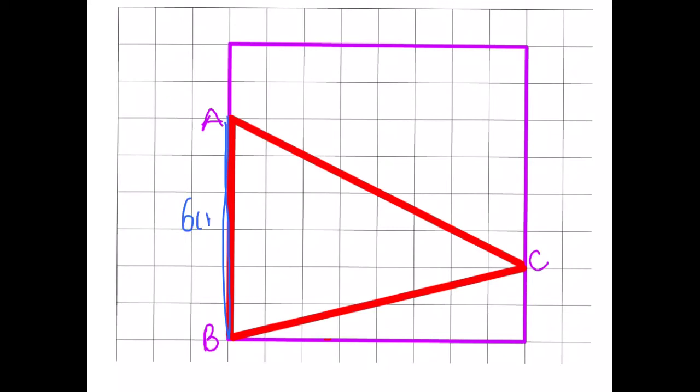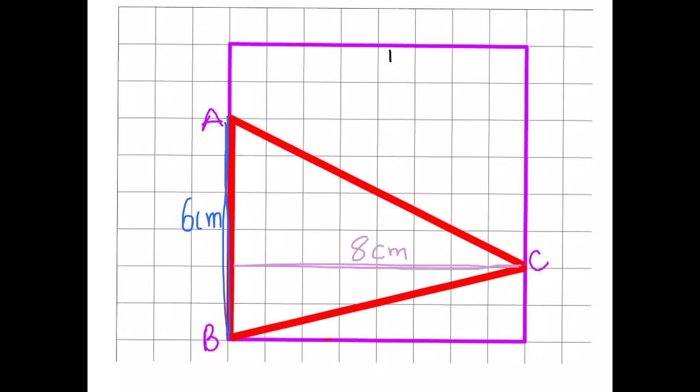My base is 6 centimeters in length. My height, well, it runs from C down to a point in AB. So this length shows my height. And it is 1, 2, 3, 4, 5, 6, 7, 8 centimeters long. So my base is 6 centimeters and my height is 8 centimeters.